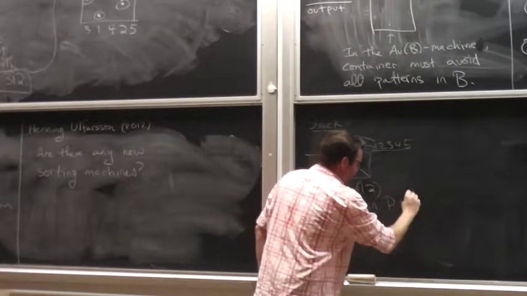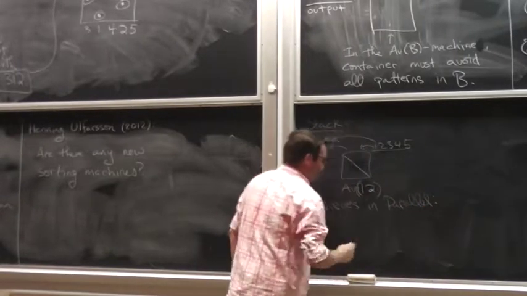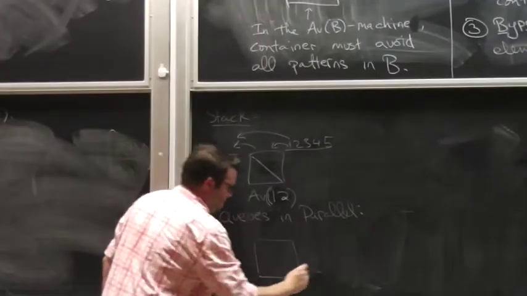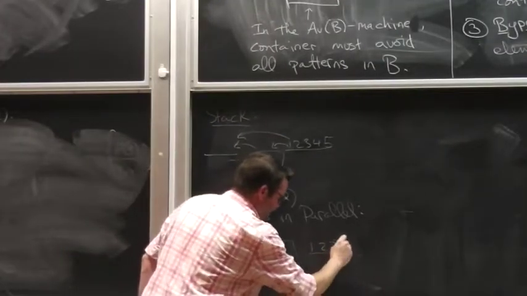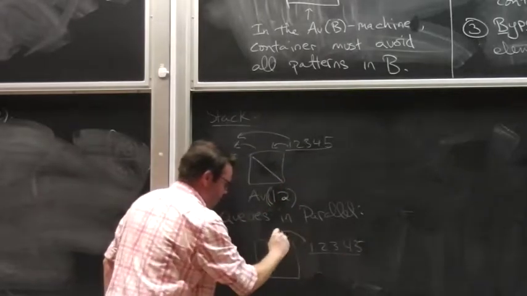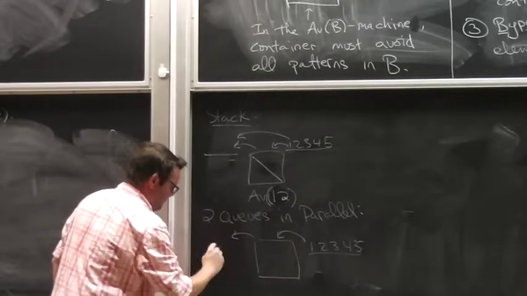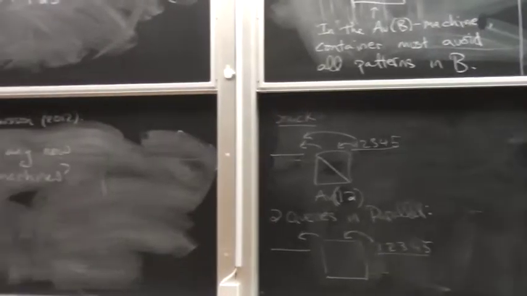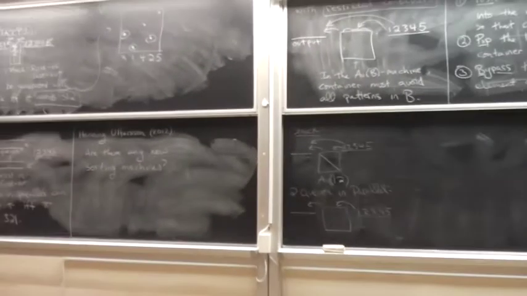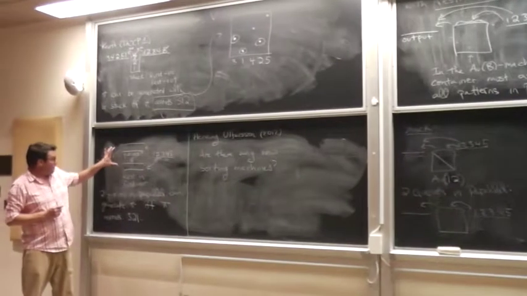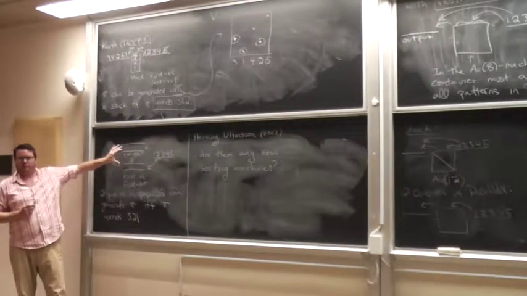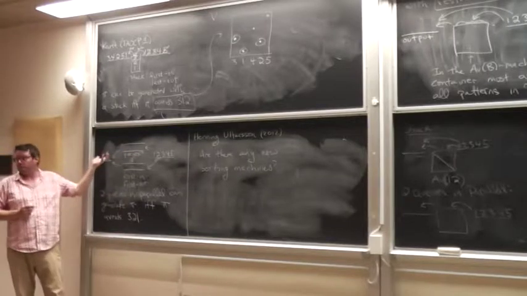Okay, and then what about two queues in parallel? Let's think about it in the same restricted container setting. In the two queues in parallel, well, what we said is that we could just put our two increasing sequences into the queues and then figure out how we're going to pop them off the queues.